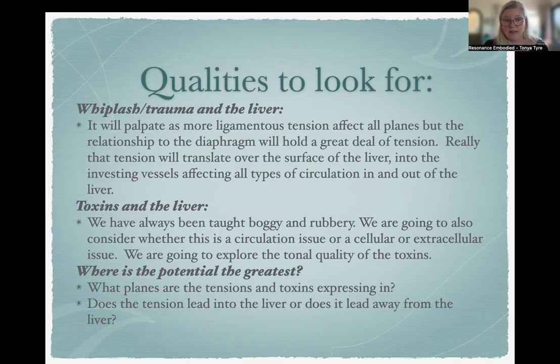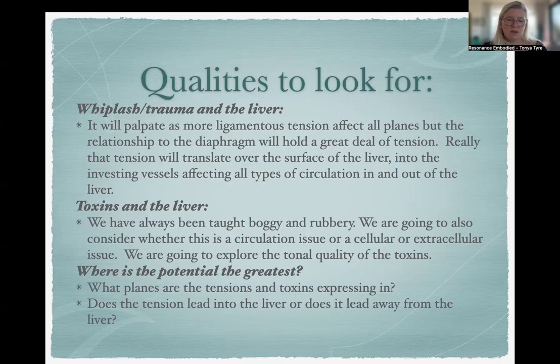Toxins can cause the liver to feel boggy, more congested and fluidy. They can cause the liver to feel rubbery. We're going to get into things like extracellular and cellular toxins and exploring tone from that perspective. But at the end of the day, we're BGI practitioners using the BGI concepts, and we really want to know where the potential is the greatest.